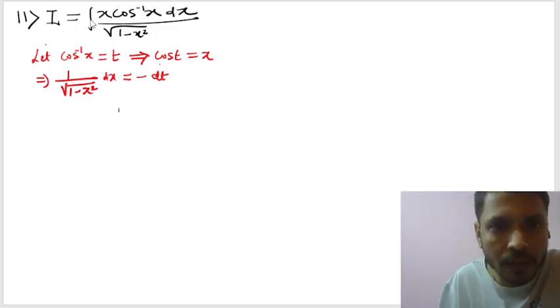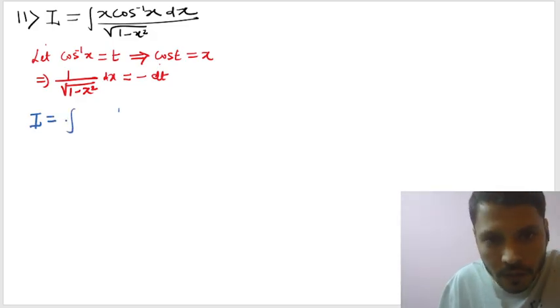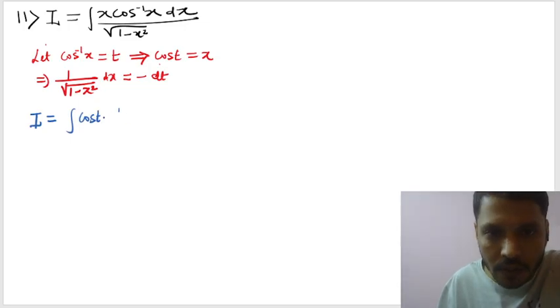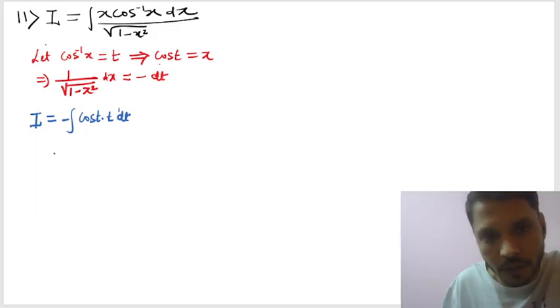So finally I is equal to the integration of x, which is now cos t, and cos inverse x is equal to t. So this is t, and 1 upon under root of 1 minus x square dx is minus dt. Now we have to integrate it.